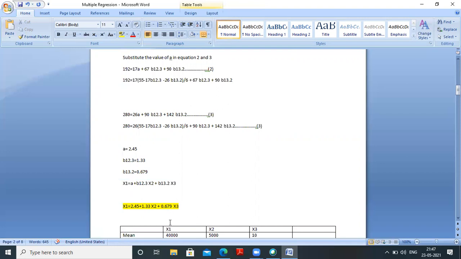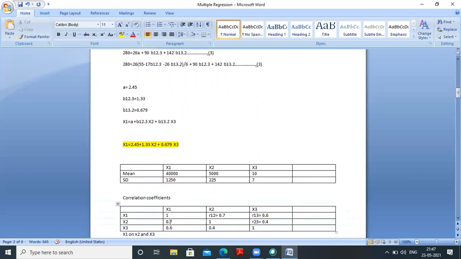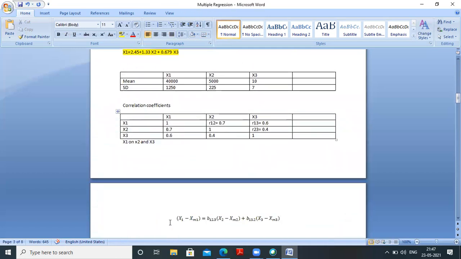Now another alternate method by which we can solve multiple regression is when you are given means and standard deviations. The means are 40,000, 5,000 and 10, and the standard deviations are 1250, 225 and 7. Now the correlation coefficients are given as a matrix. The correlation between X1 and X2 is R12, and this will always be equal to R21.